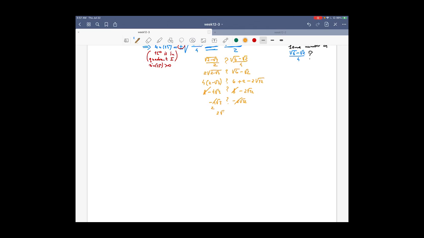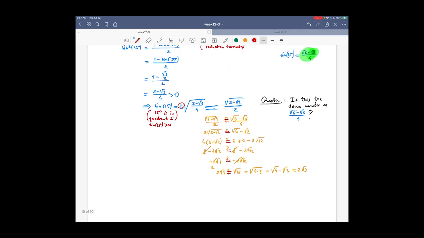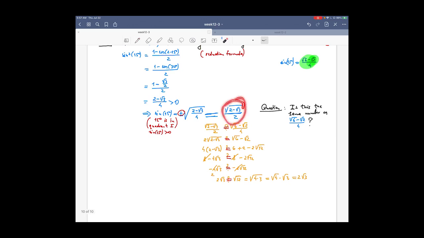So now we're comparing 2 root 3 versus root 12. Well, root 12, which is of course root of 4 times 3, is indeed 2 root 3. So we have equality here everywhere. And in fact, this isn't a new answer. This is the same answer as we had in the past.